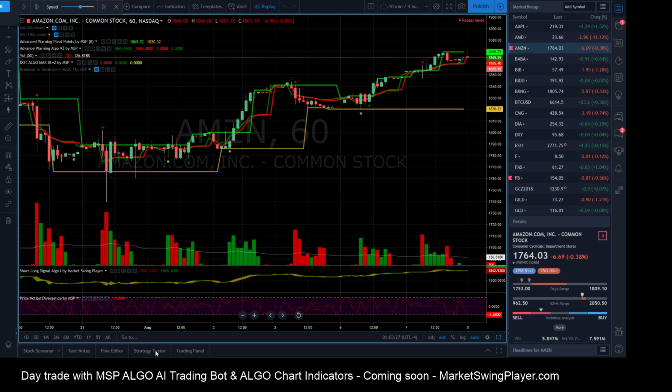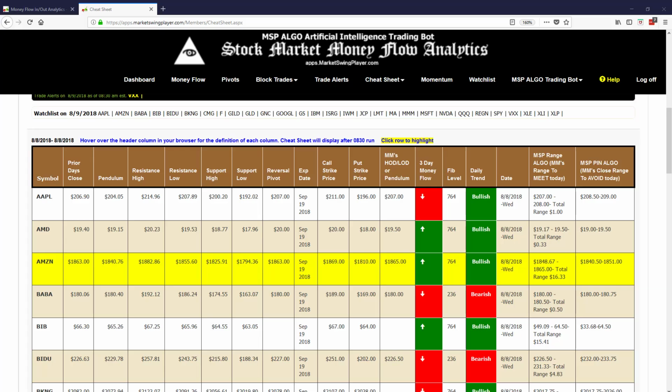So I'm going to go back to the app, and I could see that the range is about 1848.67 to 1865. So I round this off to 1849 to 1865.